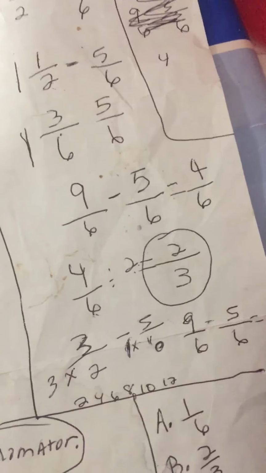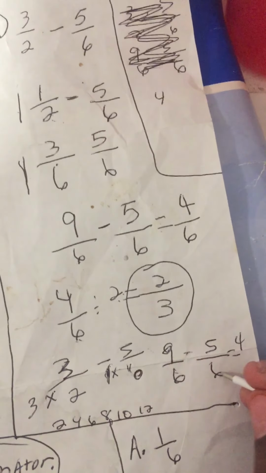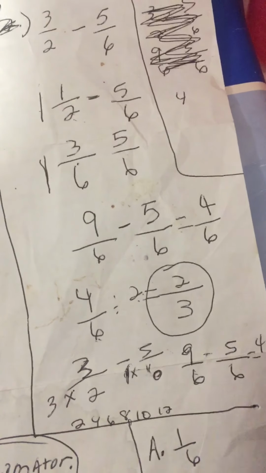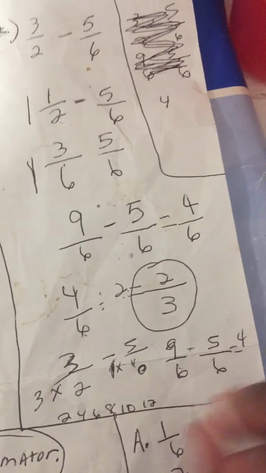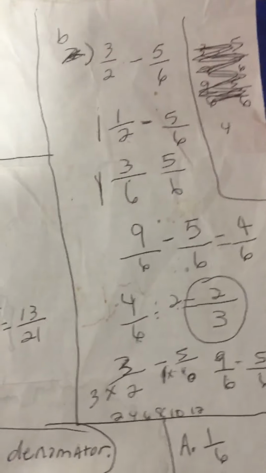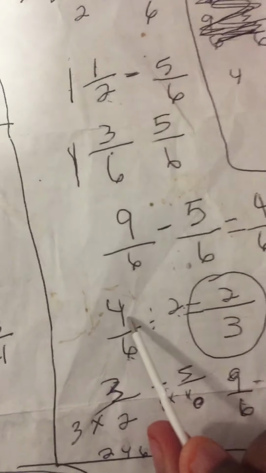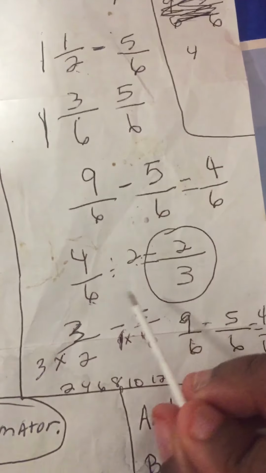And we just take it over one more time. 9 minus 5 is 4. And for the denominator, we don't do 6 minus 6, we just bring the 6 over. And so now we can simplify again because this is not a simplified number yet.